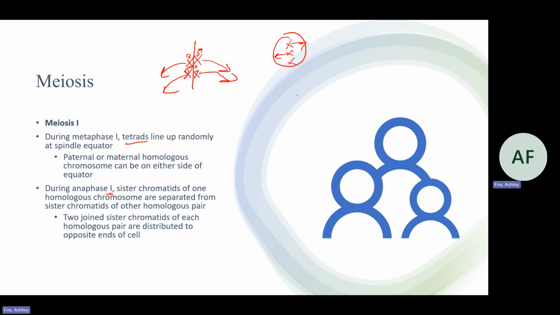And so we had 46 pairs of chromosomes line up in the middle, and then we get 46 on this side and 46 on this side. This way, we're just lining them up where half are going to this side and half are going to that side. So we're not making sure that they're all lined up together. So we're getting half the amount of chromosomes because eventually we want to get to 23 chromosomes, not 46.